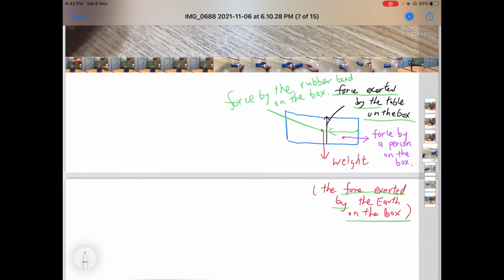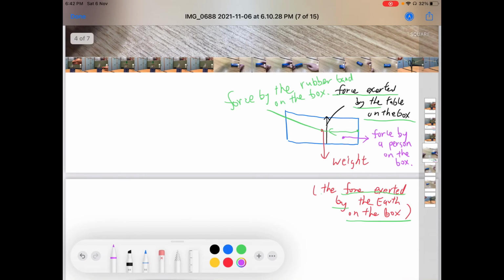The green arrow and the purple arrow should be opposite in direction and with the same magnitude in order to make this box remain in its original motion state, that is, at rest. So here comes the free body diagram on this blue box.